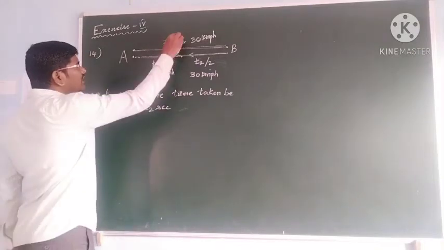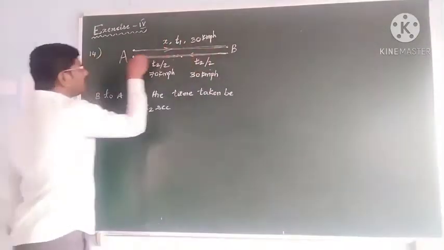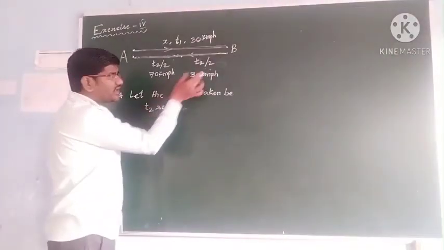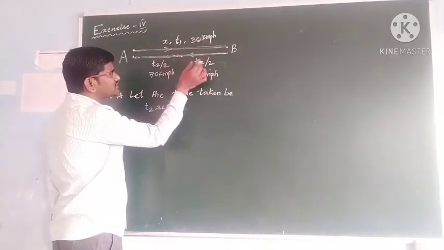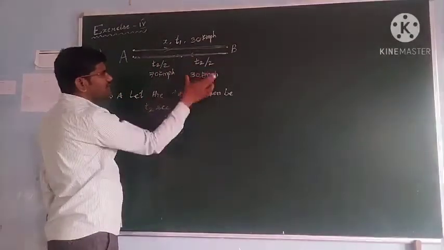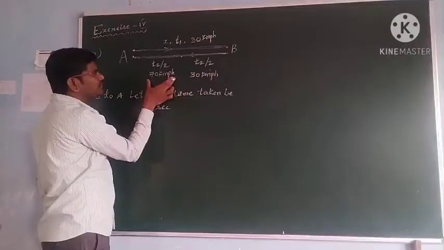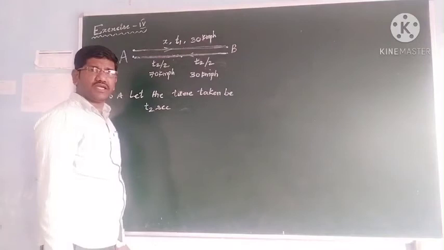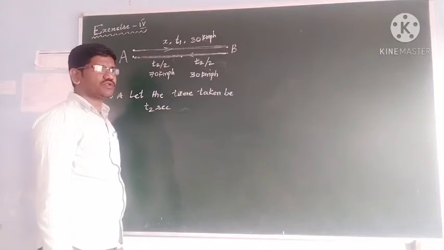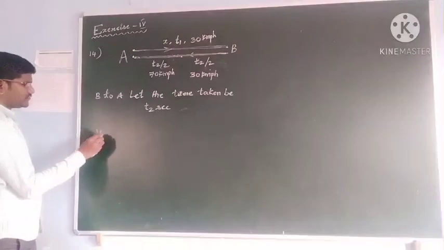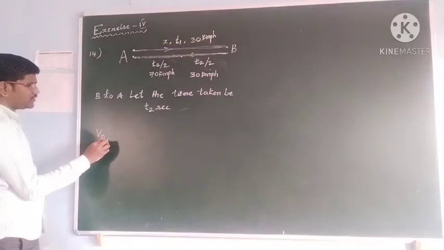Okay, time taken is t1. B to A, total time is t2, and the driver divided it into two equal parts. For the total time t2 seconds, half the time 30, the next half the time 70 km per hour. Then it asks for average speed and average velocity. First of all I will find the average speed for B to A, the return journey.